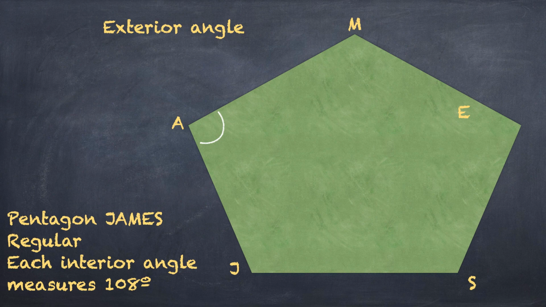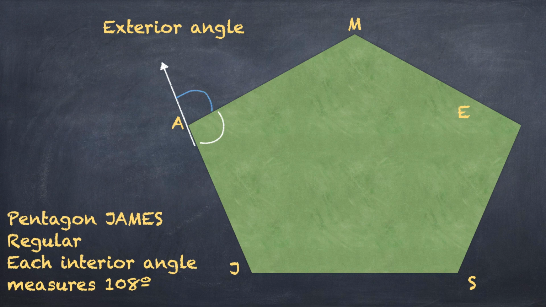Yes, there is. The exterior angle of any polygon is the angle between any side of the shape and a line extended to the next side. So here it is. And notice that we have this one plus this one, and what do you notice?